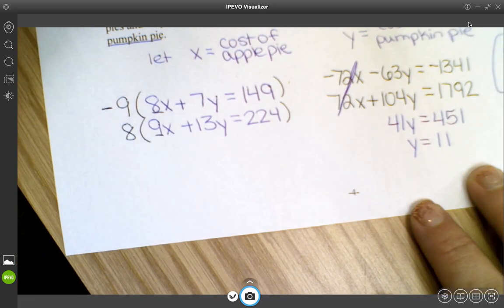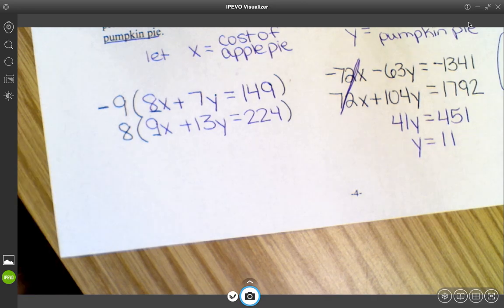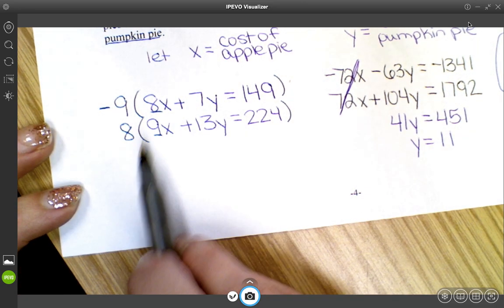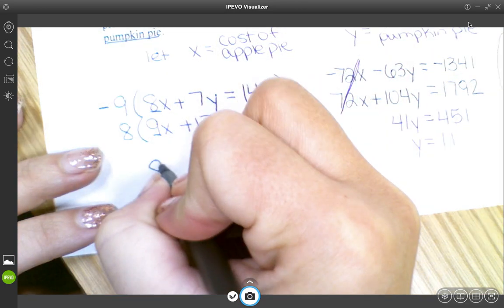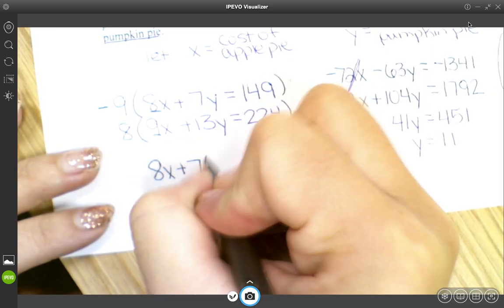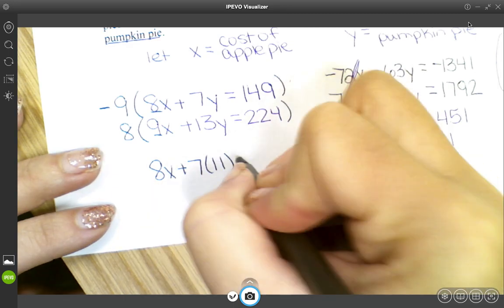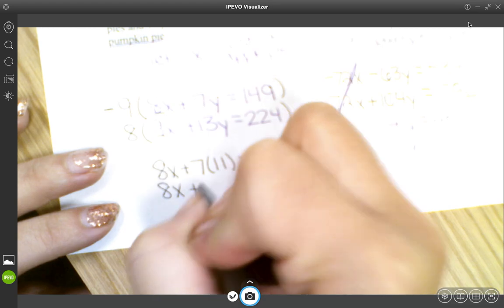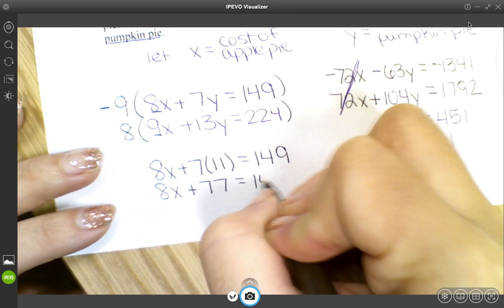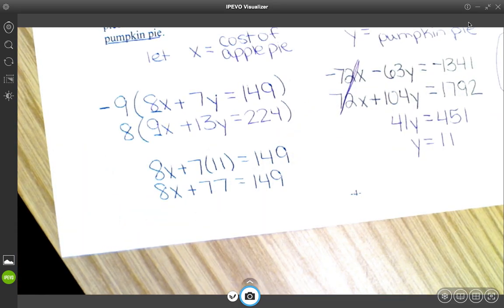All right, so now I know y is 11. Do you guys want to use 8x or 9x? Which original do you want to use? 8. All right, so 8x plus 7, we now know y is 11. So we got 8x plus 77 equals 149.